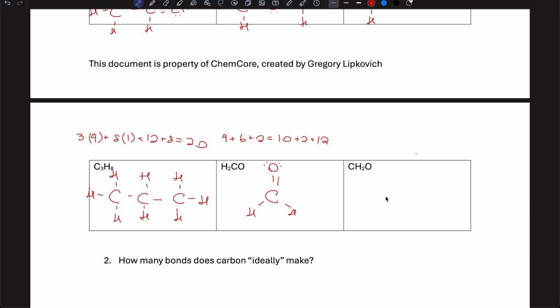Oh, this is the same thing as well. Notice that no matter how they wrote it for us, it's literally the same thing, right? And so we really can change these formulas the way they write them for us, but our Lewis structure does not change. So that's a really, really interesting thing that you should maybe keep in mind.